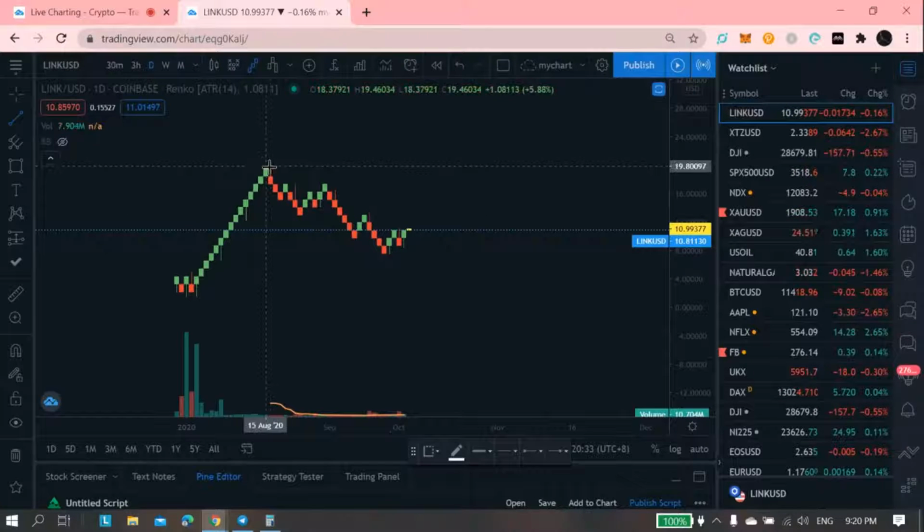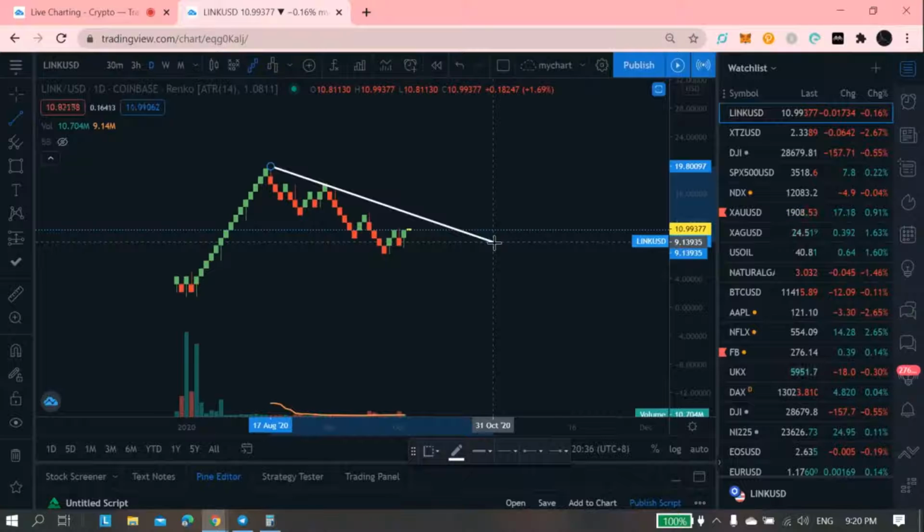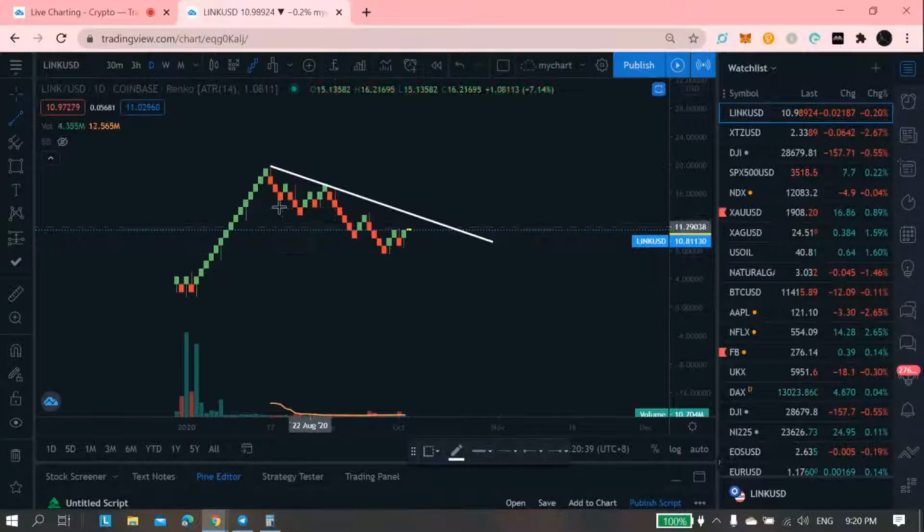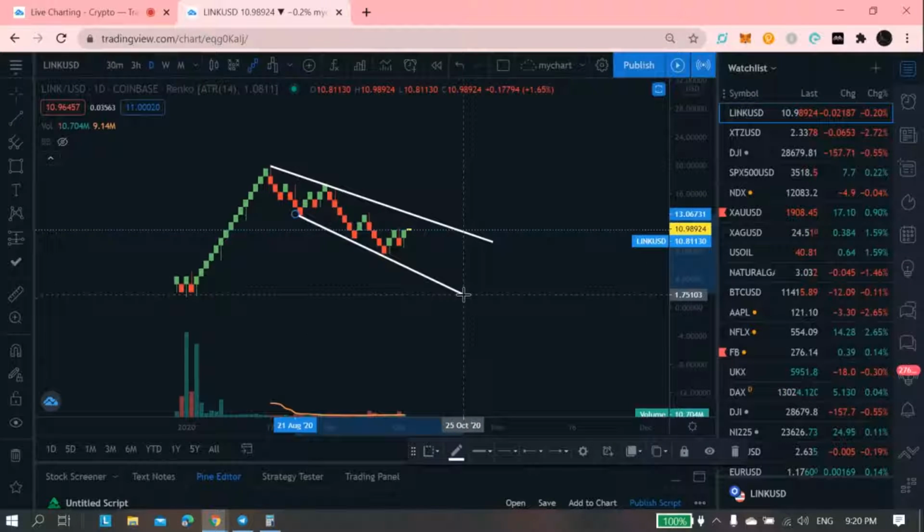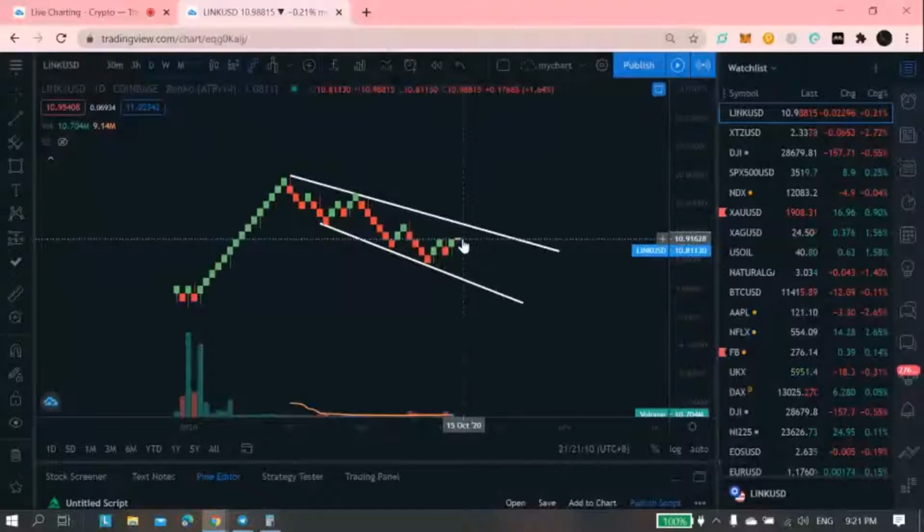Oh, what did I use? Actually, I used the parallel channel, but you can also use this line. So as you can see, it reached the highest point of close to $20, but is now trading in an upward move, so it could possibly retest this resistance area, around that 12 or close to 13 dollars.